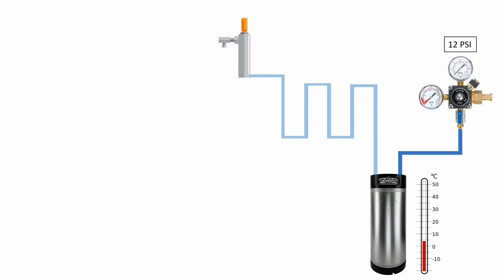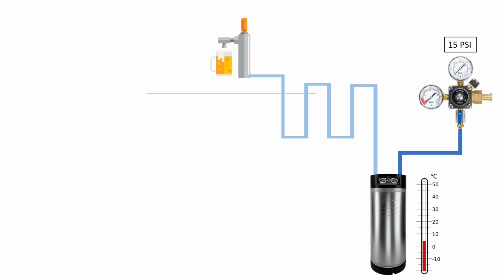Now, there's more resistance in a longer line, so when we pour a beer, it comes out slow and flat. We can compensate for this in one of a couple of ways. We can increase the pressure on our regulator to say 15 pounds and then pour a beer and it comes out nicely.